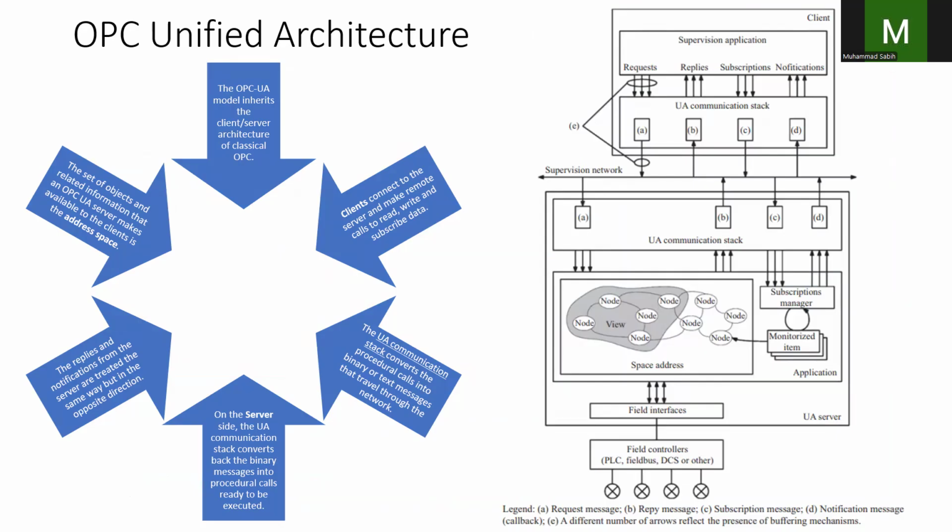Okay, so next, now we will go a little bit deeper. This slide shows a comprehensive overview of the unified architecture, combining the conceptual model, and on this side we have the technical block diagram.